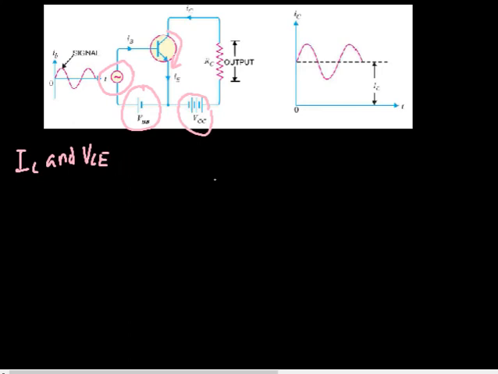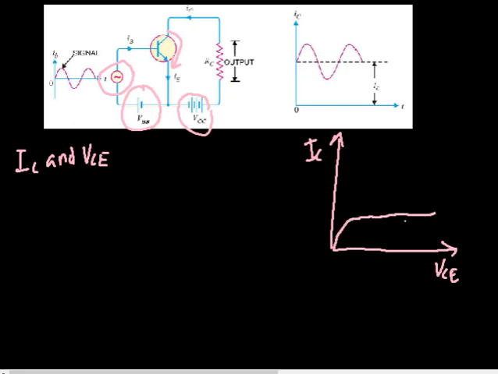The relation between IC and VCE can be obtained from the output characteristics, which is the curve representing the variation of IC with VCE. And we know the output characteristics for different base currents.